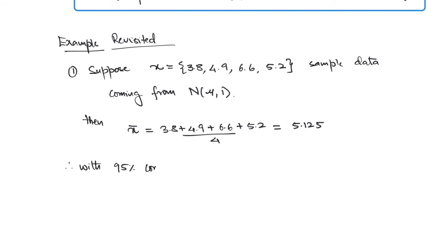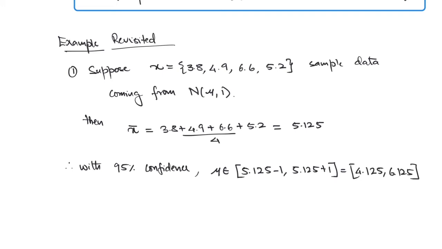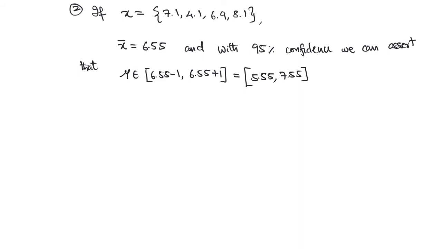Then with 95% confidence, we can say that the population mean mu is going to lie inside the confidence interval 5.125 minus 1 comma 5.125 plus 1. That is given by 4.125 comma 6.125.